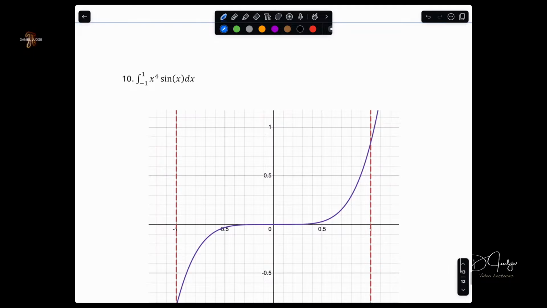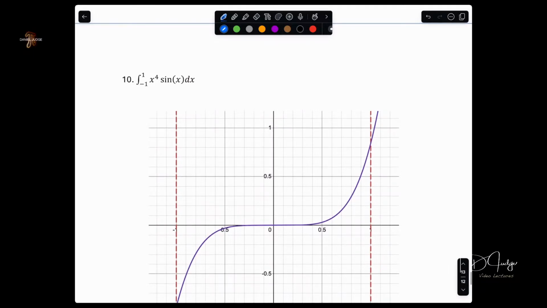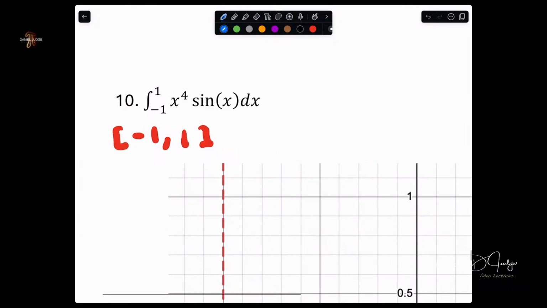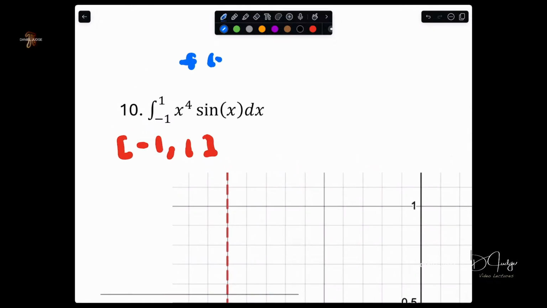We got to see what's going on with this function, x to the 4th sine x. We have a symmetric interval again. f of x is x to the 4th sine x.